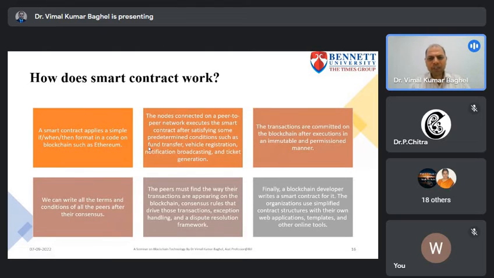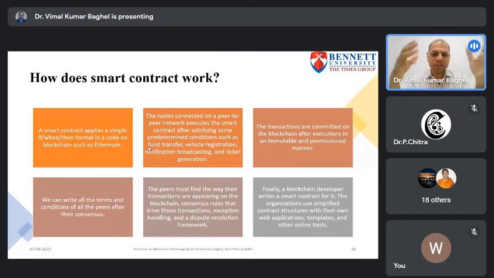And now how do these smart contracts work? As I said, a smart contract applies a simple if, when, then format in code on a blockchain such as Ethereum. A smart contract is a program or a set of rules in which we have conditional statements in the form of if and then.